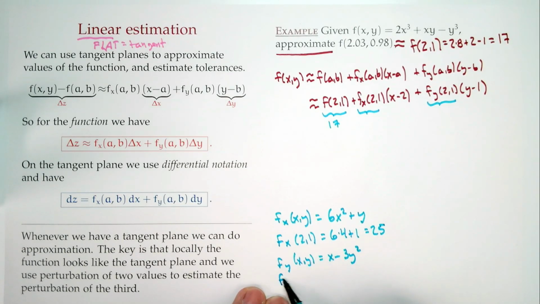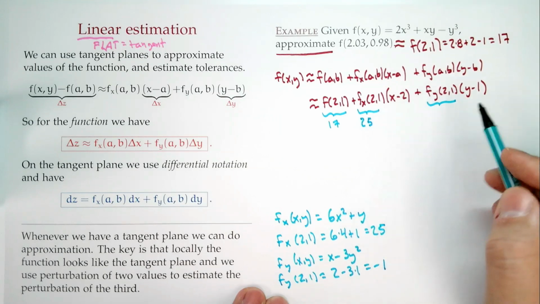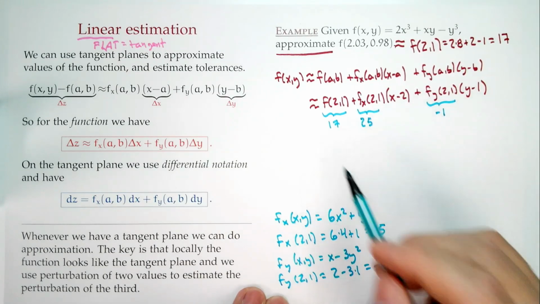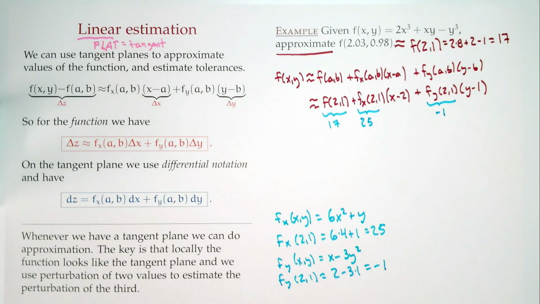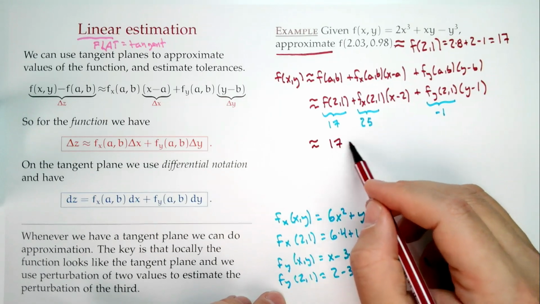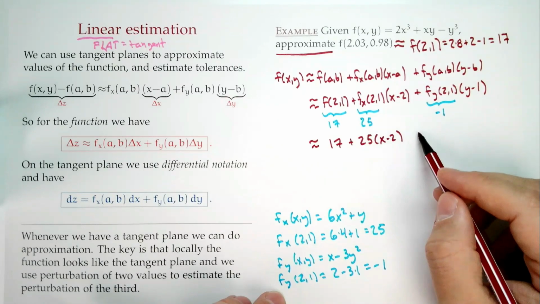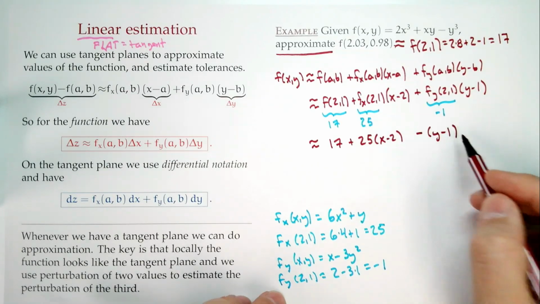And f sub y at 2, 1 would be 2 minus 3 times 1 squared, which is negative 1. So we can say that our function near the point 2, 1 is approximately 17 plus 25 times (x minus 2) minus (y minus 1).